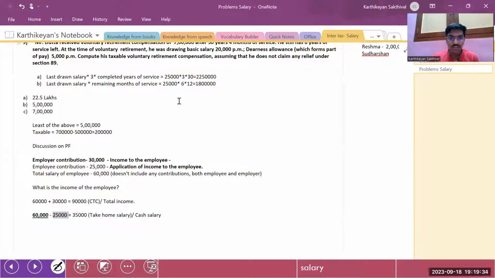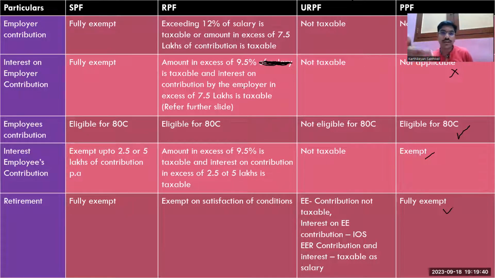So that is the only word of caution. Other than that, it cannot be taxed. That is why I say again, the employee's contribution cannot be taxed again. It comes to me after a deduction from my salary, cash salary, take-home salary will come. But if we look at my gross, it will be inclusive of the employee's contribution. Basically, gross minus deductions will give me CTC. Gross, like employee's contribution, is already included.